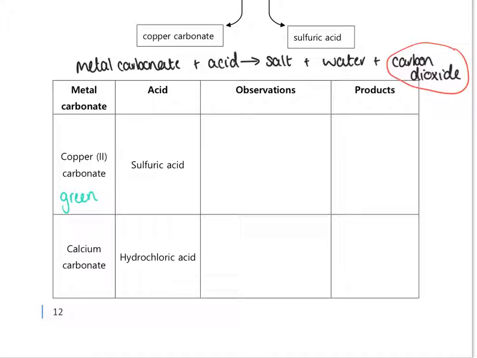What is carbon dioxide? Well, it's a gas. Anytime we are producing a gas, we're going to see bubbling. So even if you can't remember these observations in the exam, think what you're producing, and that should help you. So the first thing that we're going to have is bubbles of gas produced, or fizzing is fine.